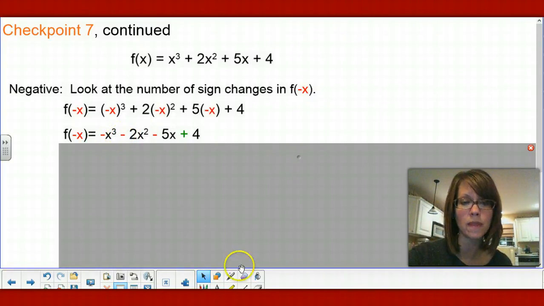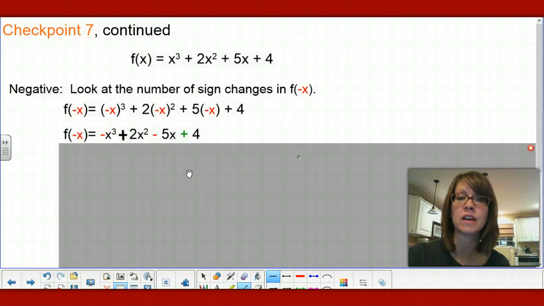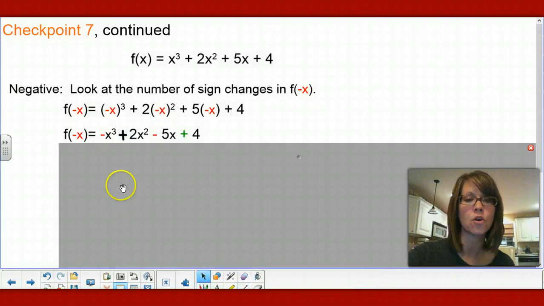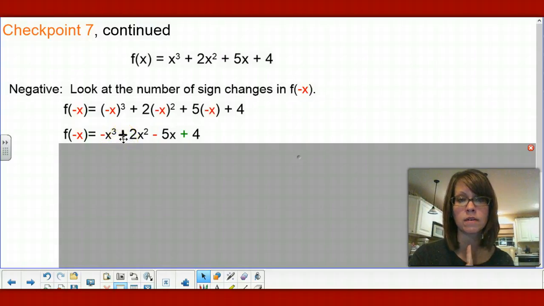When we look at that, we need to check how many sign changes we have in f of negative x. It starts negative. That doesn't count. It changes to positive. There's 1. It changes back to negative.